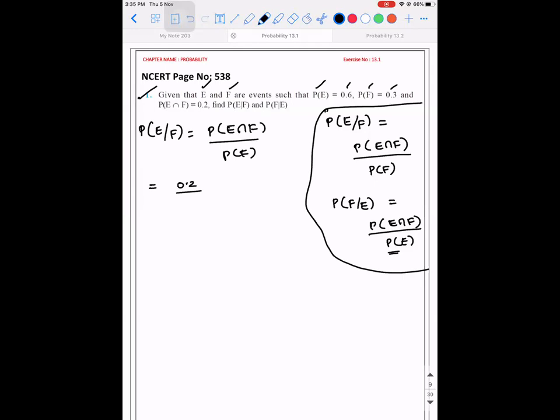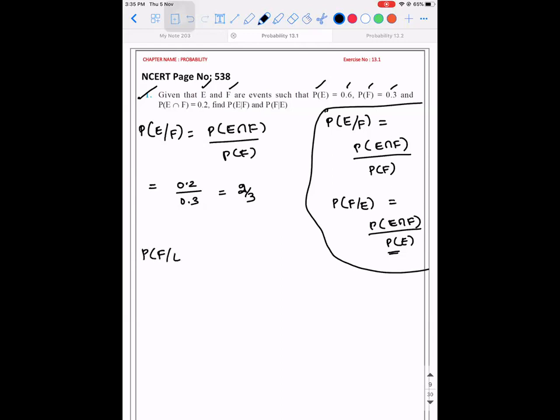Is it not 1 by 3? Oh, probability of F is 0.3. Yeah, sorry, you're right. So it is 2 by 3.